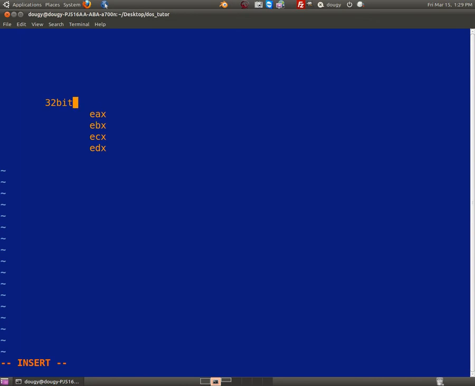And 32-bit is an upgrade from what was the 16-bit processor, okay? The 16-bit processor had registers, okay? BX, CX, DX. The 16-bit processor had these registers here. Well, the 16-bit processor is too small to take enough data.